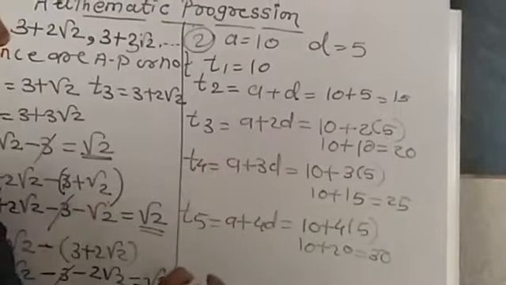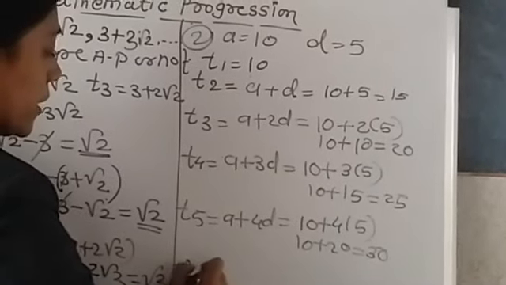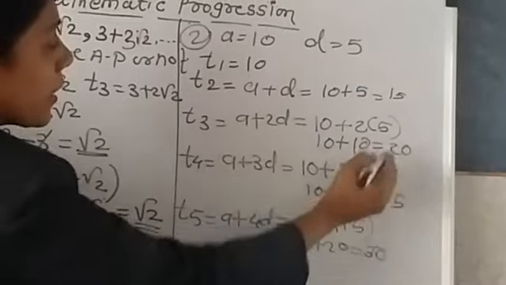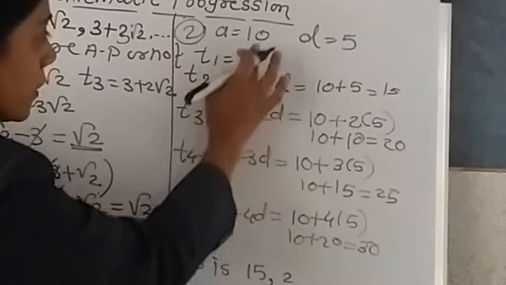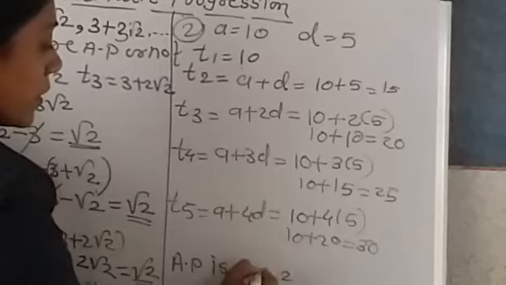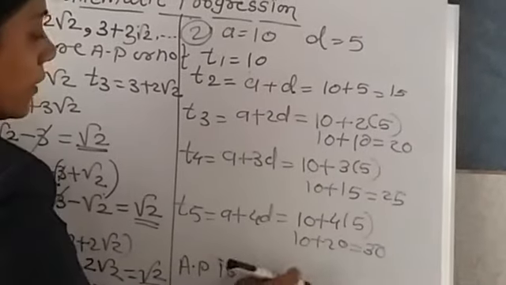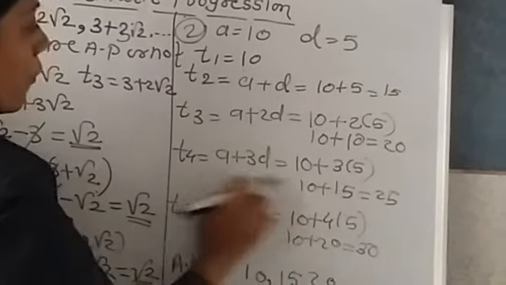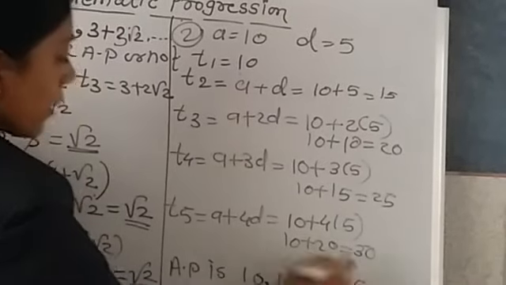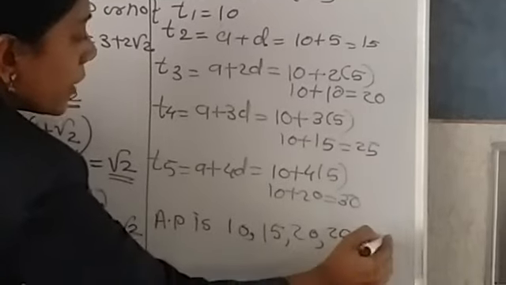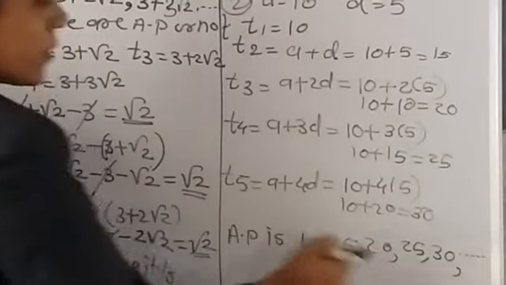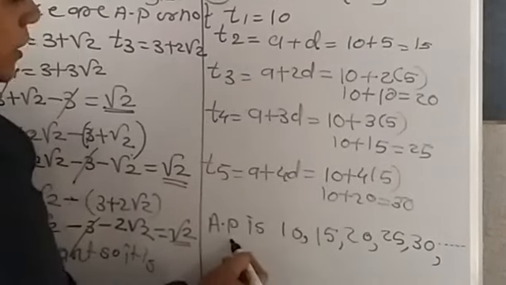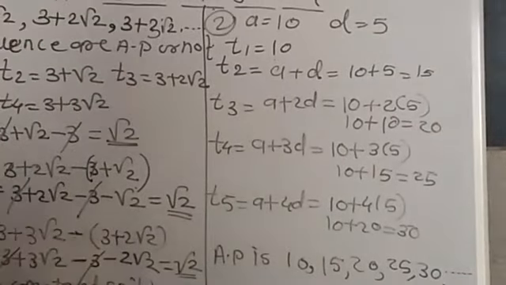Write down here the AP series. First term is 10. Then second term we get 15, third term 20, fourth term 25, fifth term 30 and so on. Here the difference between each term is 5. So this is the AP series.